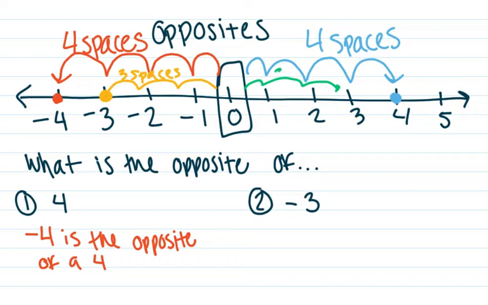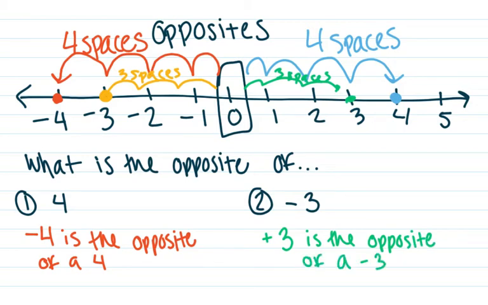I find out that 3 also lives 3 spaces from 0. So the opposite of a -3 is going to be a positive 3, because they live the same distance from 0.